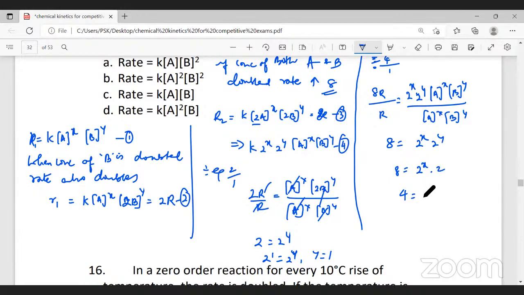So 4 will be equal to 2 to the power X, so X will be equal to 2.